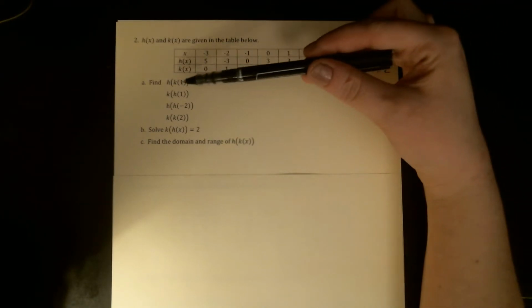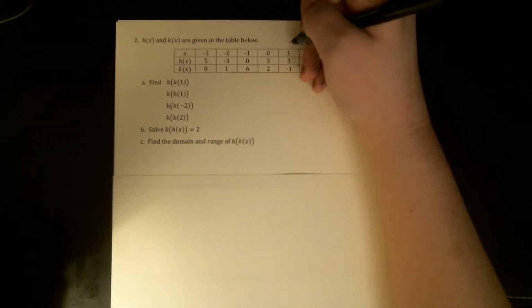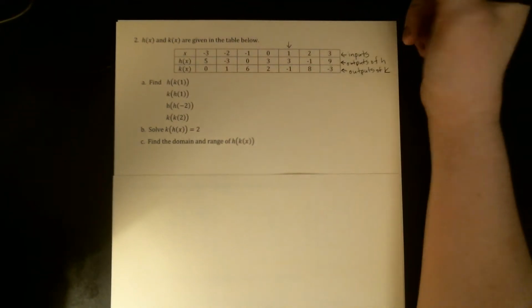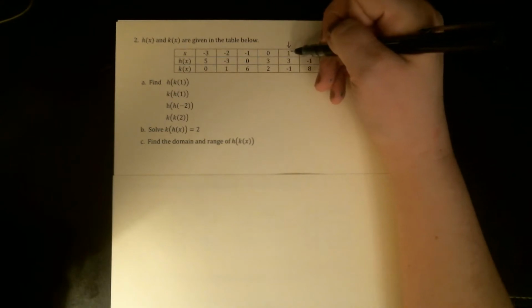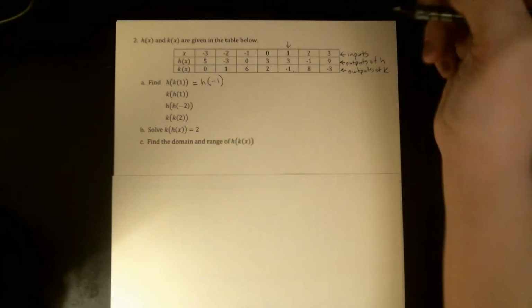Okay, so if I want k of 1, 1 is my input. I need to go up here and spot the input 1 right here. And then I want to find the output for k. We've decided that those are in the bottom row, so the output of k is negative 1. So step number 1, plug 1 into k, get an output.